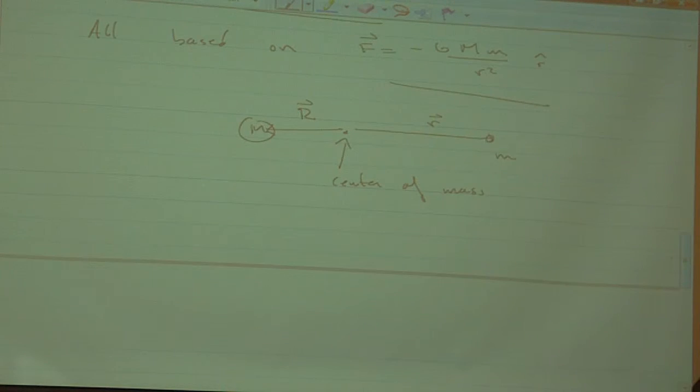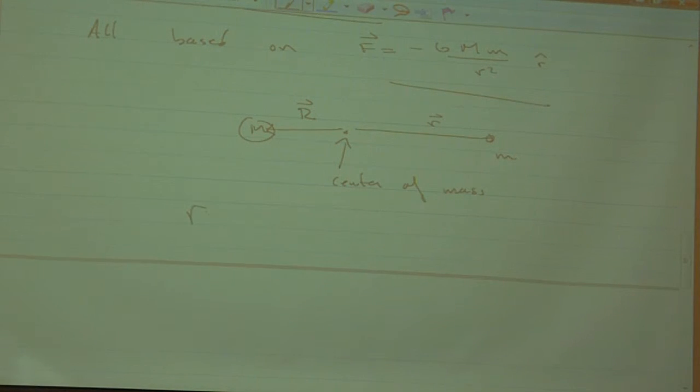And you can put the origin anywhere you want in the universe, which is why it's okay for the Earth to be the center of the universe. Huh. Think about that for a second. Because the universe is isotropic and homogeneous, it's perfectly fine for the Earth to be the center of the universe. So you can put the origin wherever you want, and the smart place to put the origin is at the center of mass.